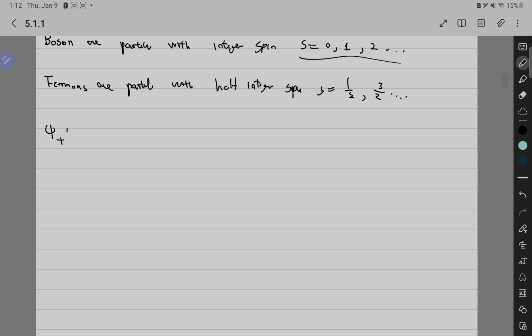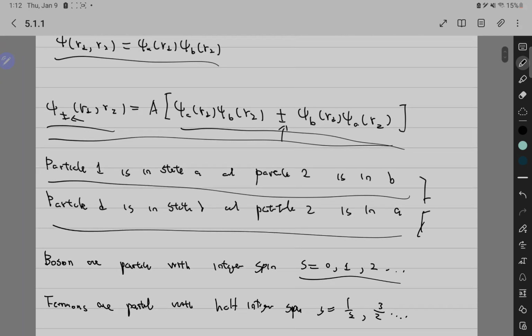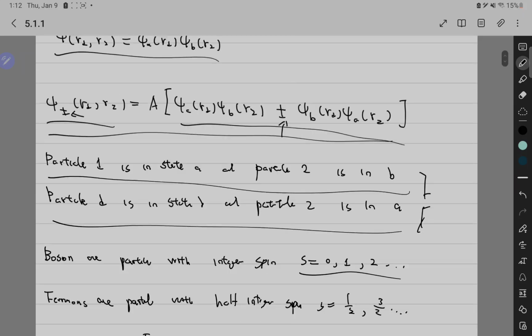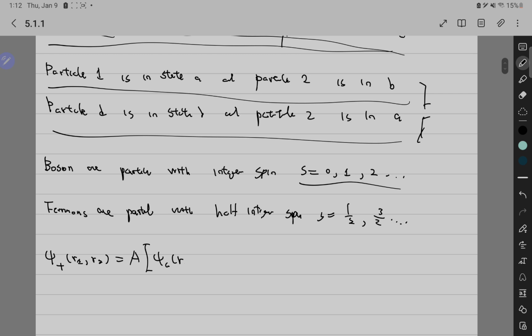So this is our formula for bosons, plus phi b r1 phi a r2.